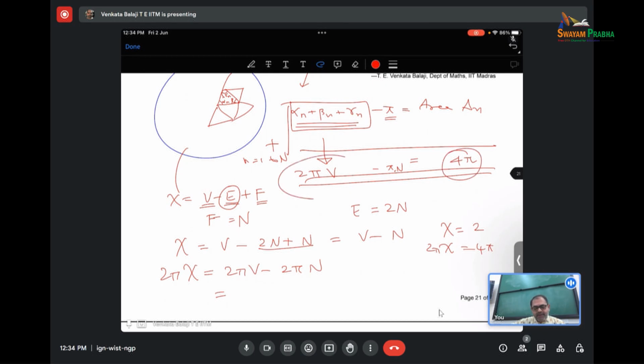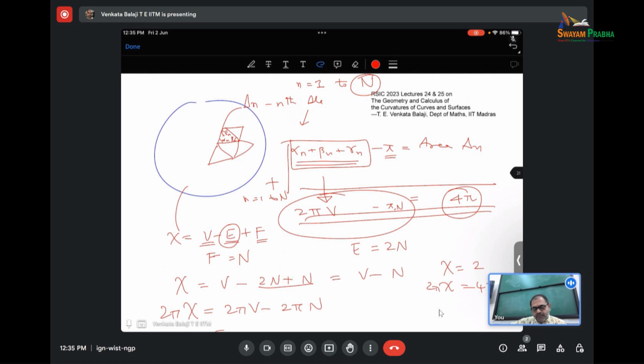So the point is that this has to be the Euler characteristic. Let me just check that I have written it correctly. There are n faces, so I'll get minus n. That's all right. And maybe, oh, I have made a mistake here. There is some obvious thing that I am missing. What is it?